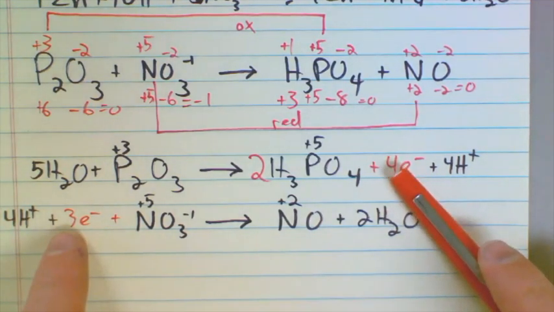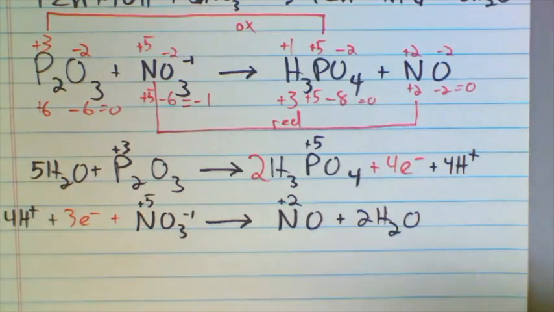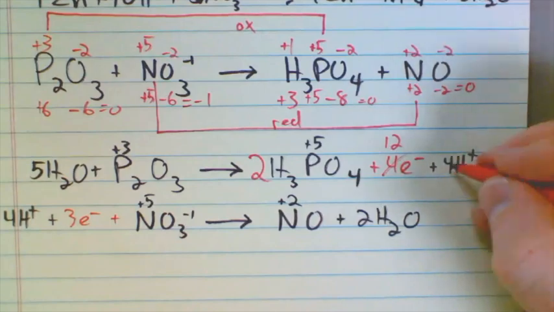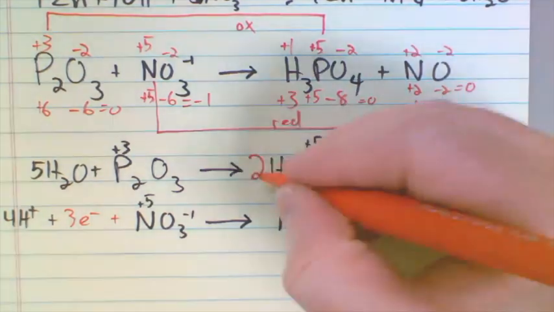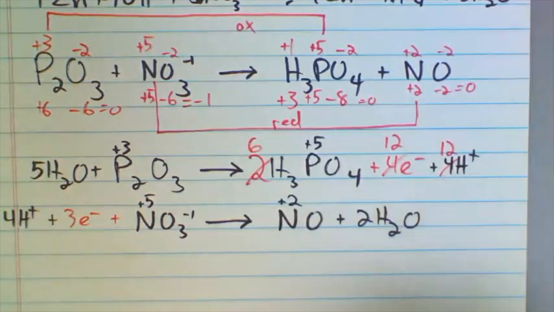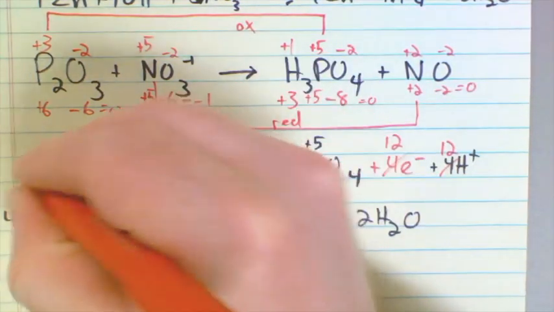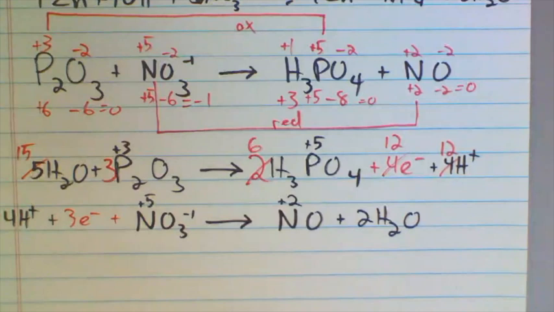So we have to multiply everything on the top by 3 and everything on the bottom by 4.